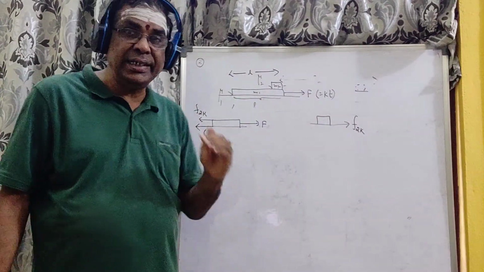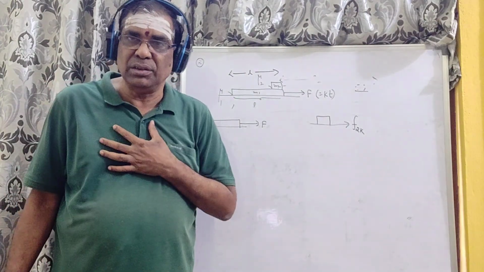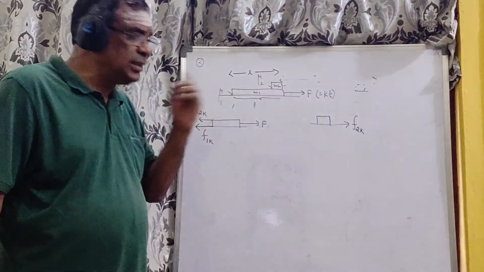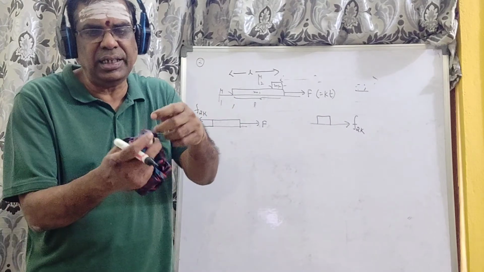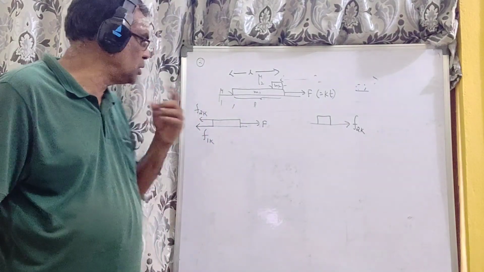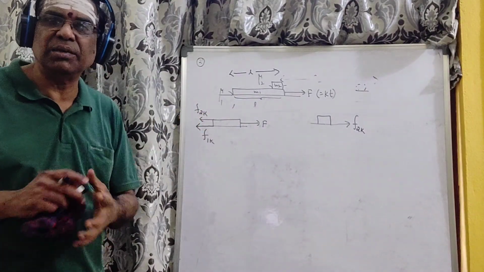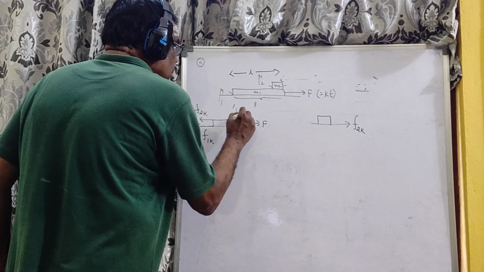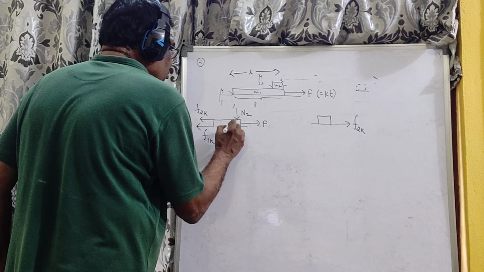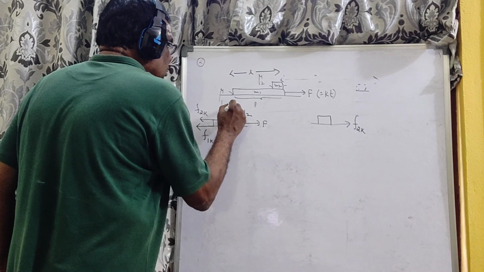The upper body is impeding the motion. So when I am placing it here, something is opposing, and obviously that is interactive force. Therefore, F2K is opposing. Hope you got this. And this is N2. This is N1.